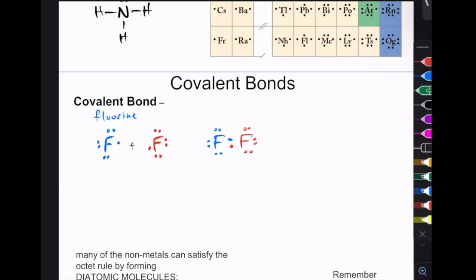Okay, so here we have our shared pair. This is our bonding pair. And that's our covalent bond.